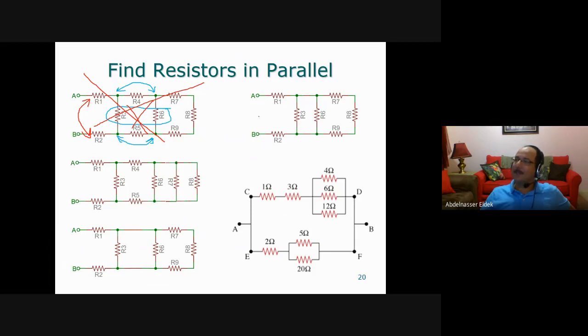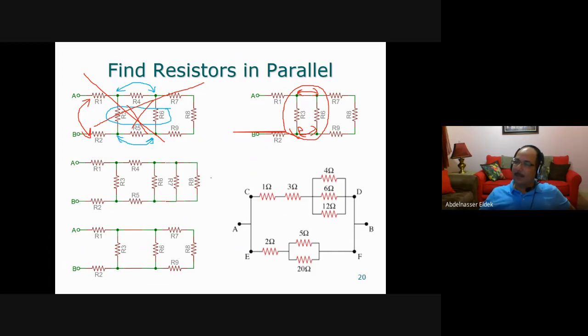So let us see, for example, in this one here. Can I say, for example, that R3 and R6 are parallel? Yes. Why? Because they are connected here and they are connected from the other side. That's it. So R3 and R6 are parallel. Any other resistors are not in parallel.